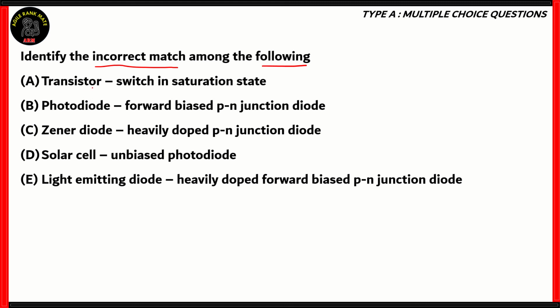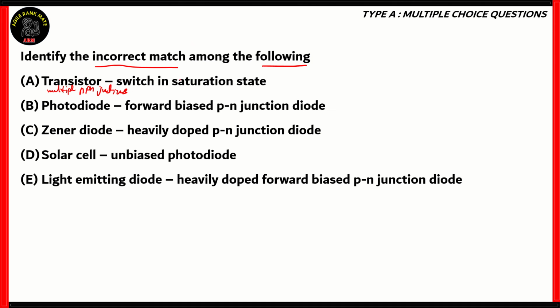Option A is transistor, and the statement given is that it switches in saturation state. Well, a transistor is made out of multiple NPN junctions. So basically, it's made out of semiconductors, some of which are negative and some of which are positive.